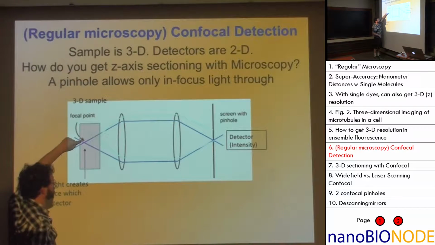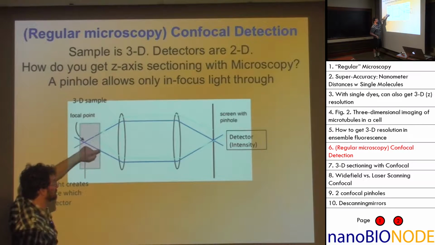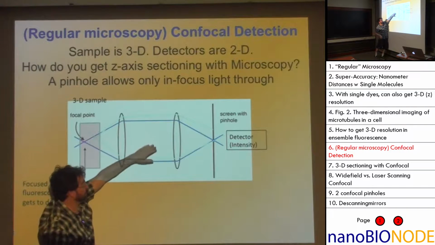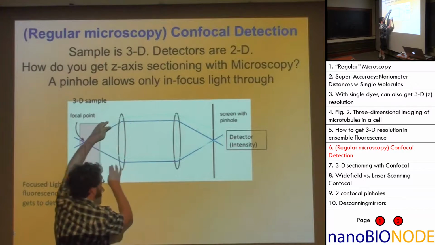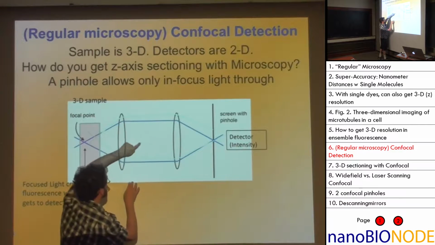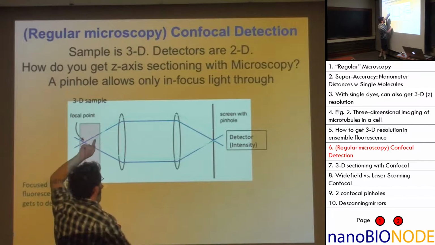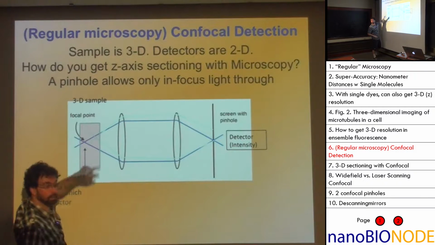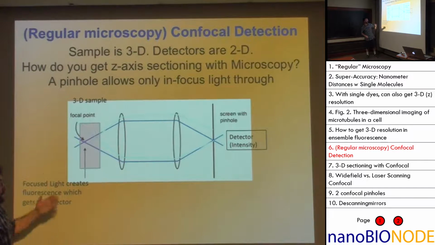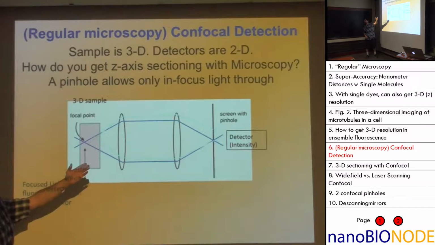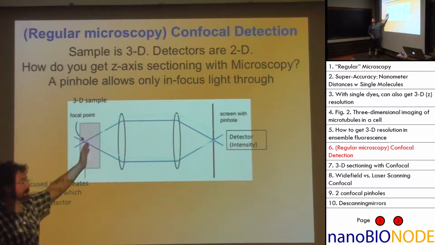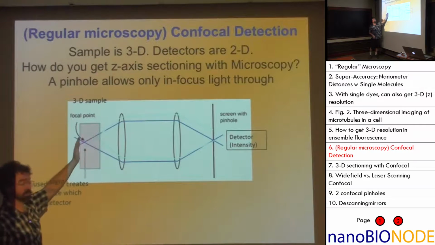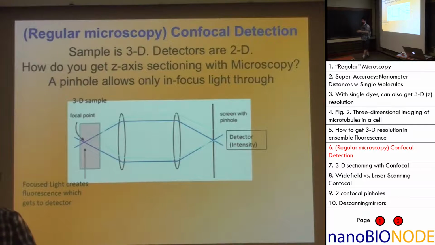It's all over here, and in fact here and here, because the light is coming in like this, but it's also coming in over here. In that case, what you're seeing is not any particular z-axis. You're seeing the integration of all of them. Okay?